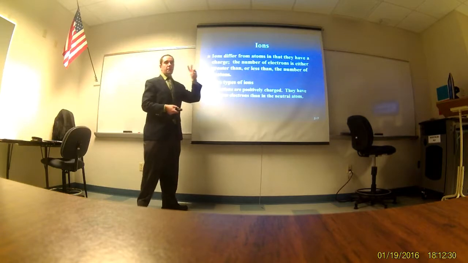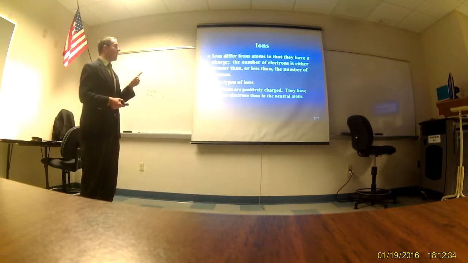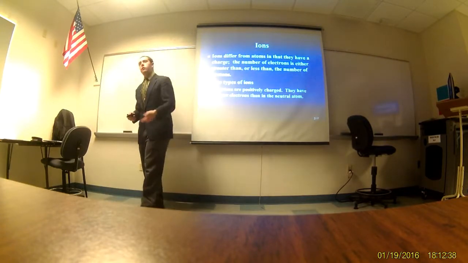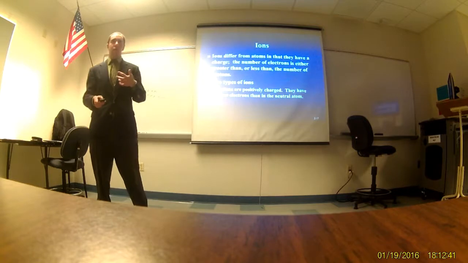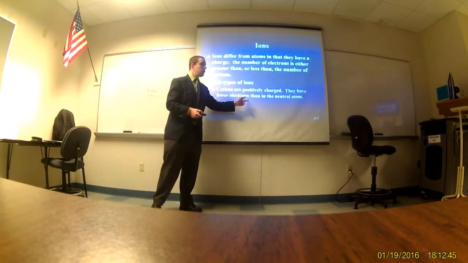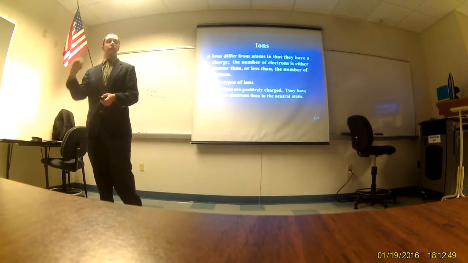There are 2 types of ions. There are cations. Cations have positive charges, whether it be +1 or +2 or +3, or even +4. That means they have fewer electrons than protons. That means they lost electrons.